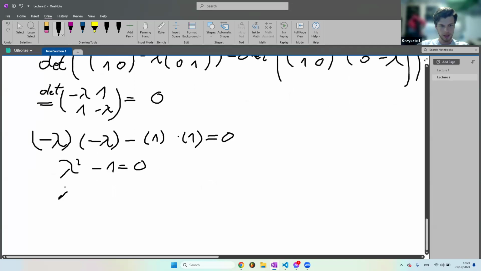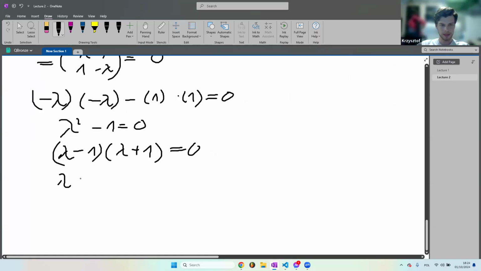We can factorize this as lambda minus 1 and lambda plus 1 equals 0. Now lambda may equal 1 and lambda may equal minus 1. These are very important steps.